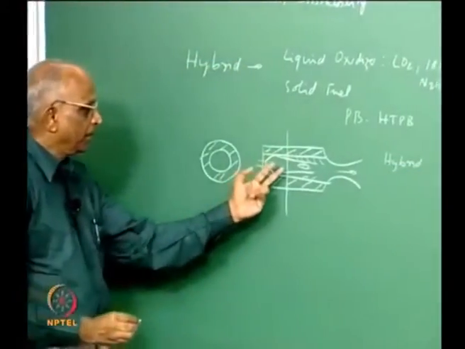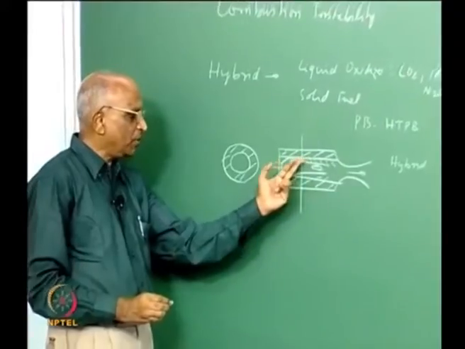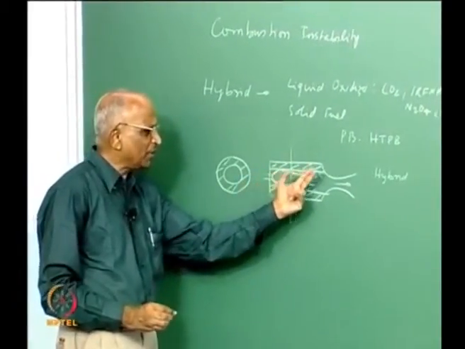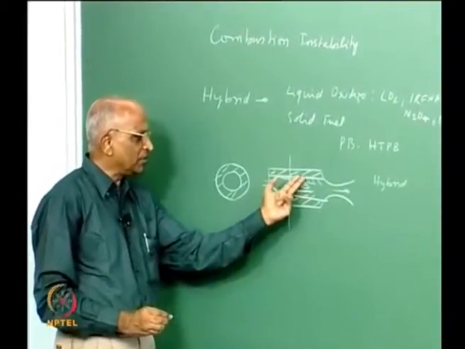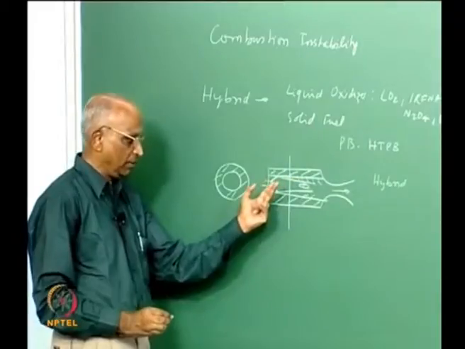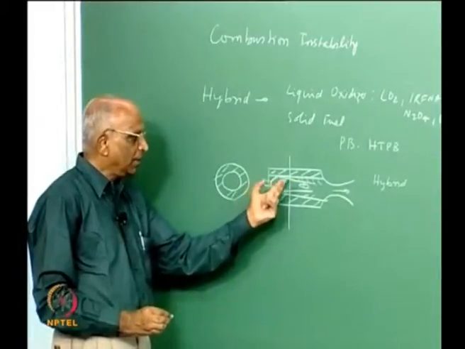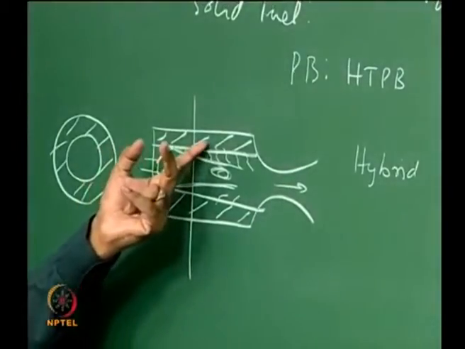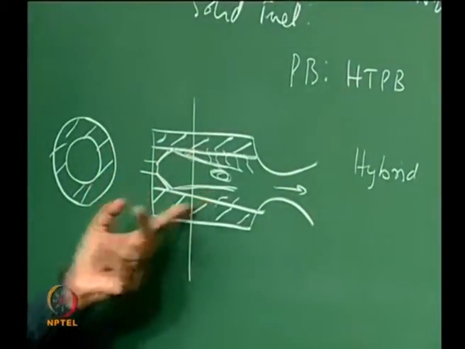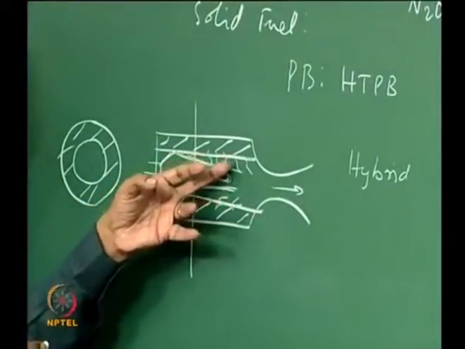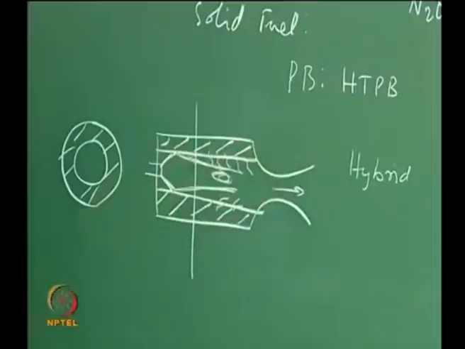In case the surface is not hypergolic with respect to the oxidizer, I have to coat something on the surface, a paste which is hypergolic with respect to the liquid oxidizer, which will initially start combustion. Heat gets generated, and thereafter it is the convective heat transfer which evaporates the fuel, generates the fuel vapor, and mixes.